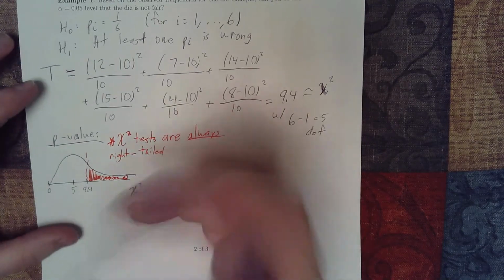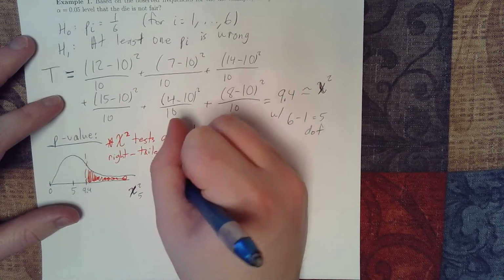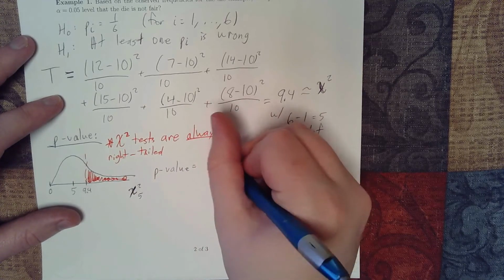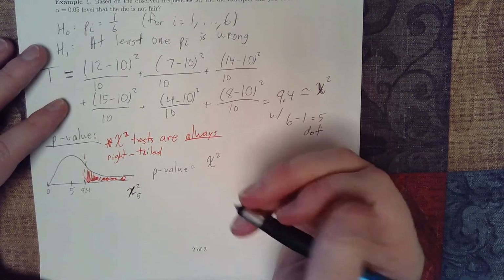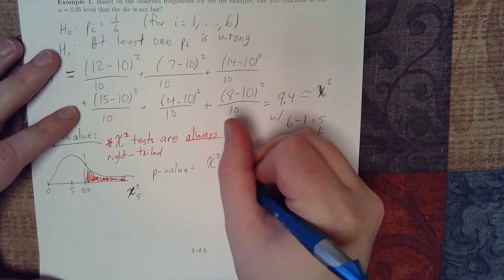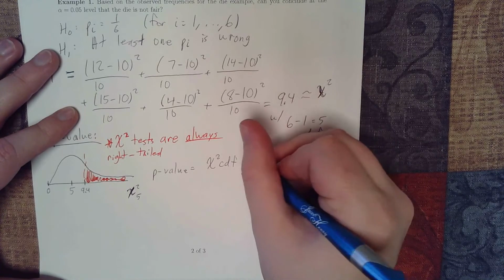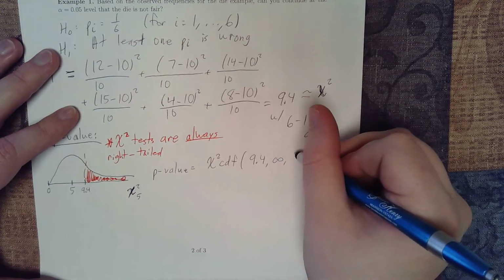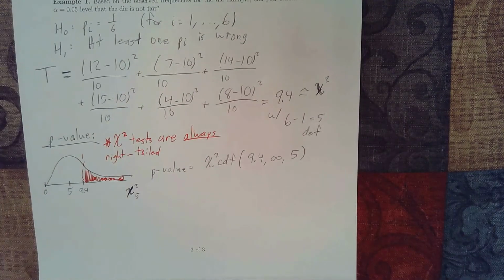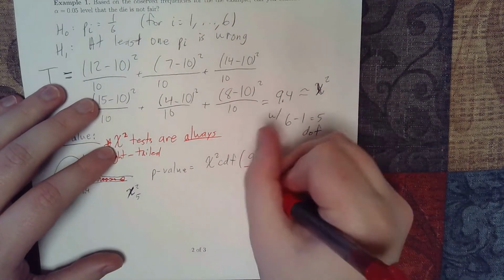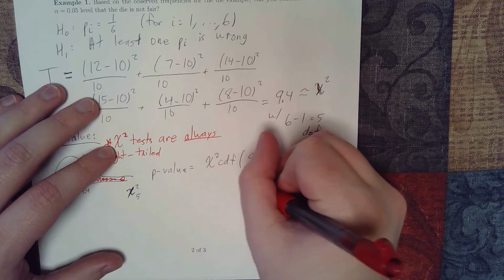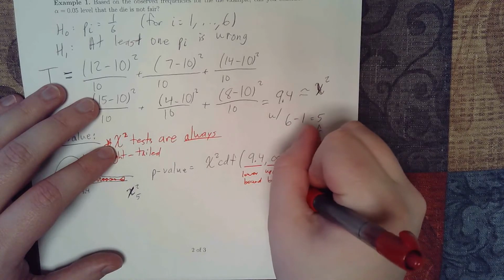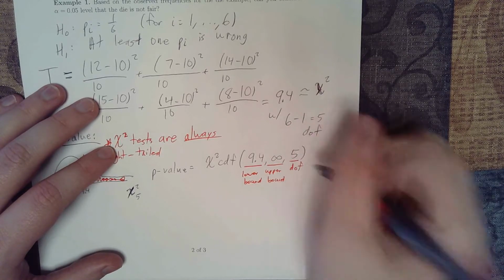So the p-value that we calculate is going to come from, we've had normal CDF, we've had t CDF, so of course it'll be chi-squared CDF, and our inputs are going to be our lower bound, upper bound, and degrees of freedom. Let's write that down really quick: lower bound, upper bound, and degrees of freedom.